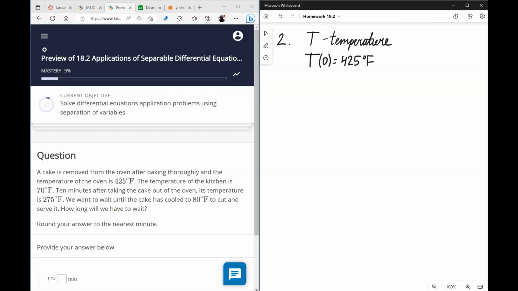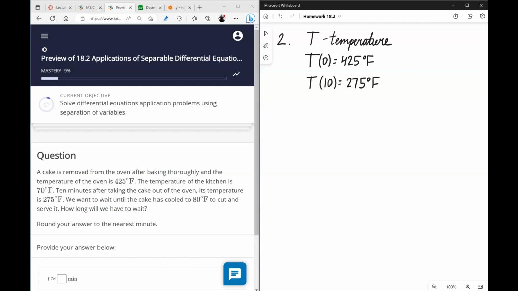The temperature of the kitchen is 70, so this is the temperature of the surroundings. 10 minutes after the cake is removed, T of 10 is 275 degrees. And we want to wait until the cake is cooled to 80 degrees, right?